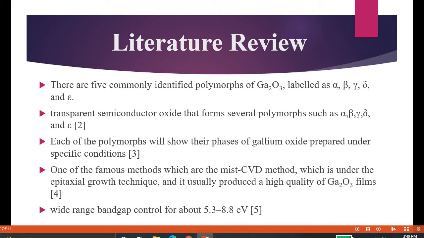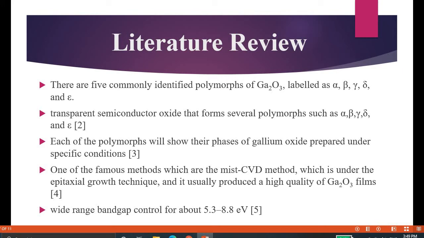Later on, Roy discovered the polymorphism of gallium oxide in the year 1952. And this is definitely an outstanding material which can be applied in power devices and also in the microelectronics industry.